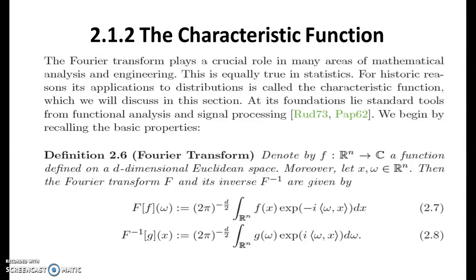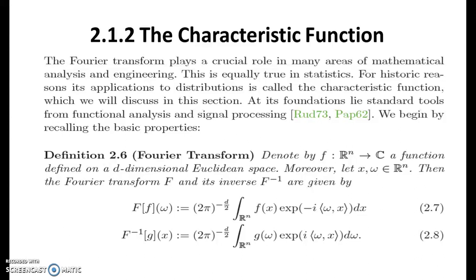The basic properties of the Fourier transform, denoted by F, mapping R^n to C, a function defined on a d-dimensional Euclidean space. Let x, w belong to R^d.